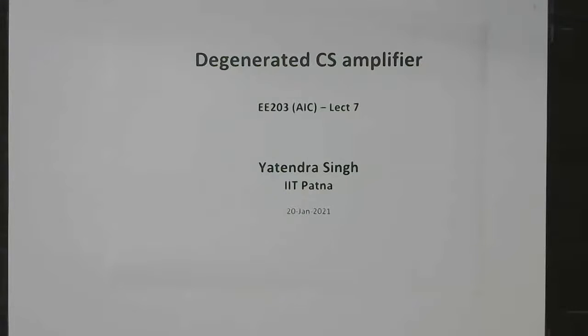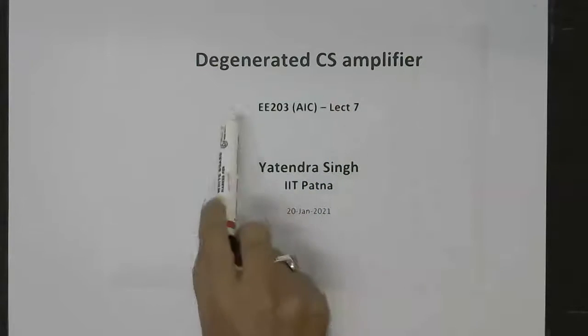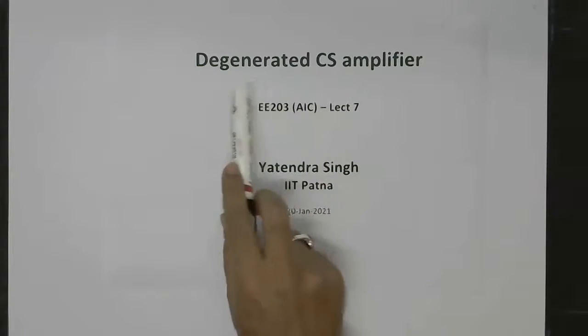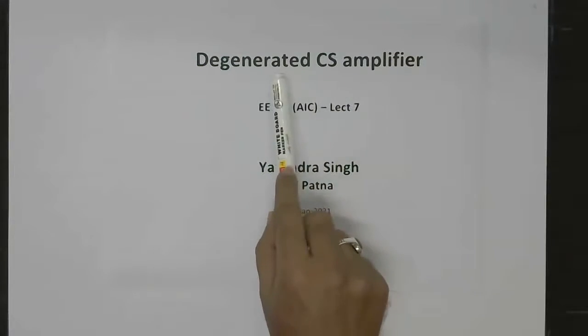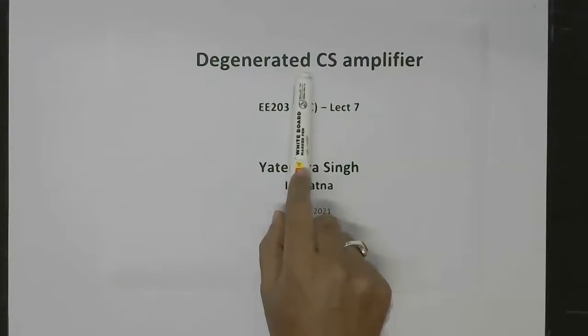In this lecture, we will continue to discuss common source amplifier, but we will see a different version of common source amplifier, which is called degenerated common source amplifier. In this CS amplifier, the source is not grounded. We will see that there will be a resistor between source and ground.